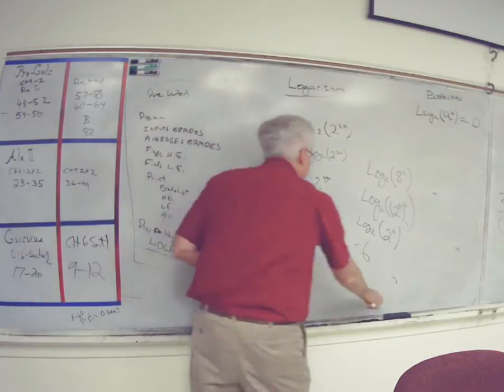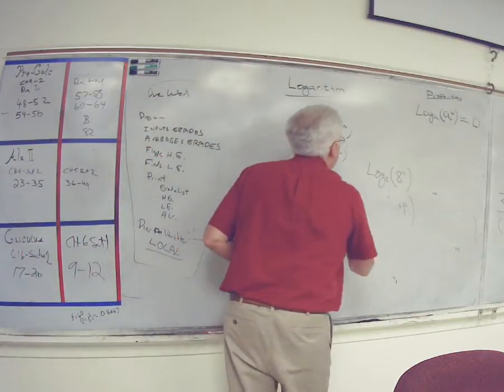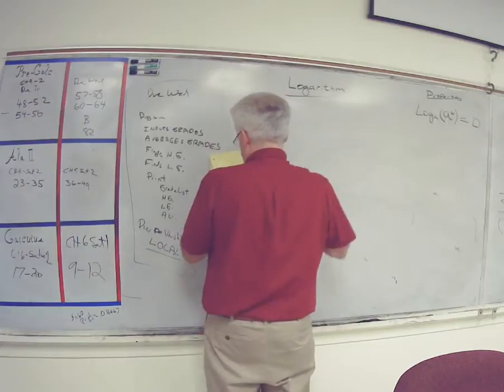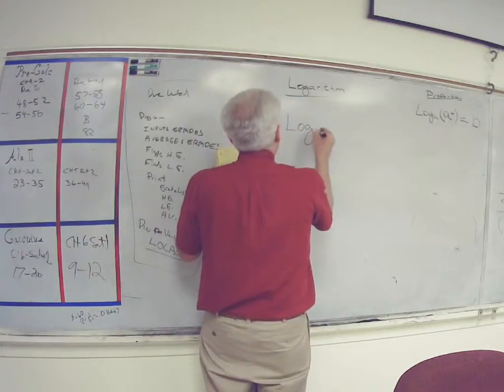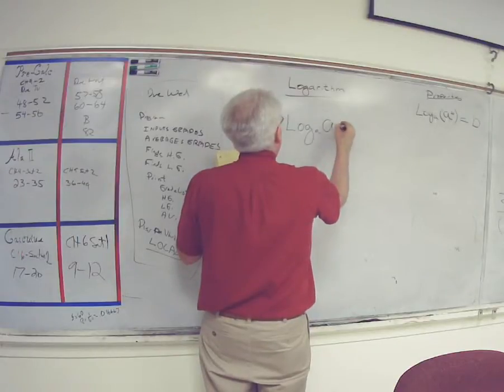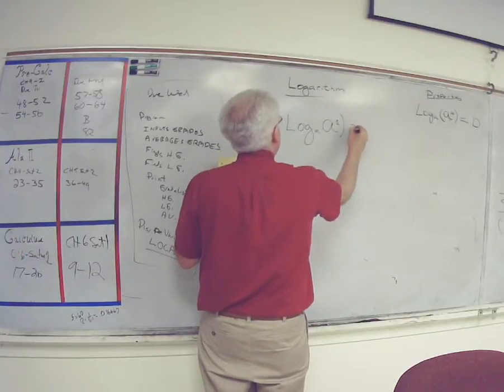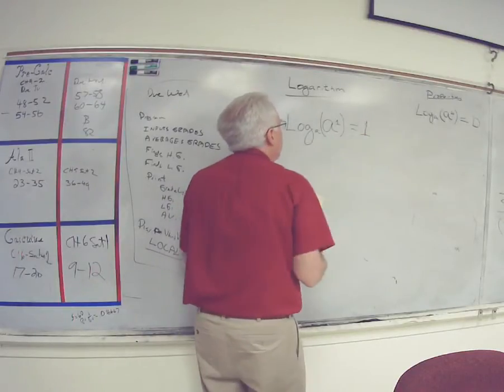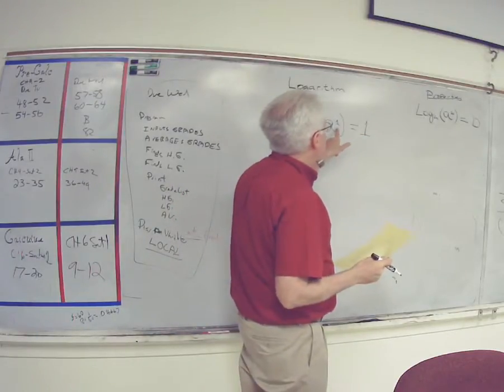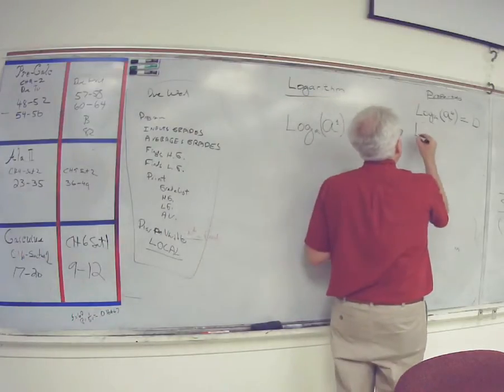There is another rule. Okay, so let's think about this. What if I have log a of a to the 1? That's going to be equal to what? 1. And so what you have to see is you don't usually write that exponent.